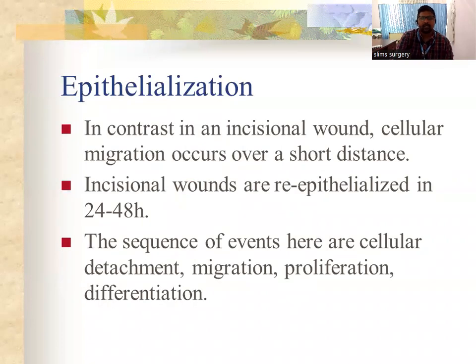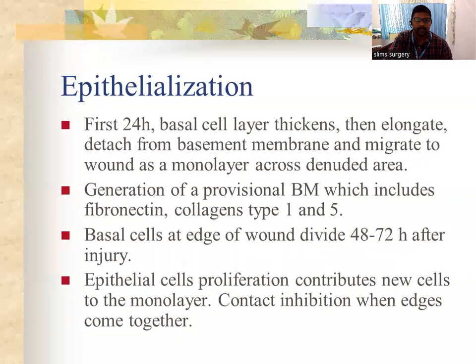In contrast to other wounds, in the incisional wound the cellular migration occurs over a short distance. Incisional wounds are re-epithelialized in 24 to 48 hours. The sequence of events is cellular detachment, migration, proliferation, and differentiation. In the first 24 hours, the basal layer thickens, then detaches from the basement membrane and migrates to the wound as a monolayer across the denuded area.